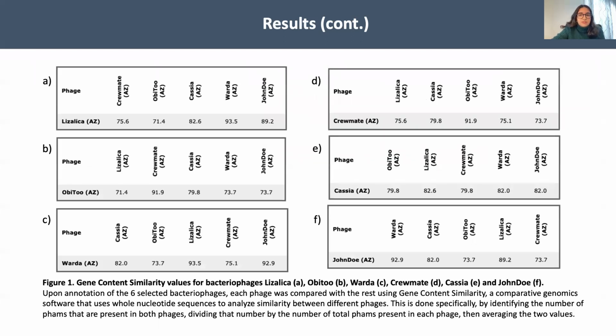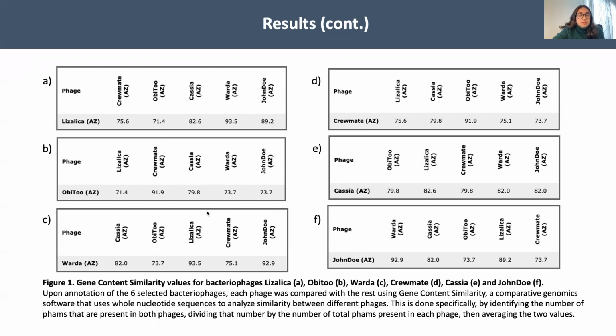Here's the data from the GCS software. Essentially we can correlate the phages that were least similar from the results we saw in the phylogeny trees and consolidate them with the results from GCS. For example, Lizalica has pretty low scores for most phages, except it is most similar to Warda. ObiToo and Crewmate are also quite similar and close to each other.